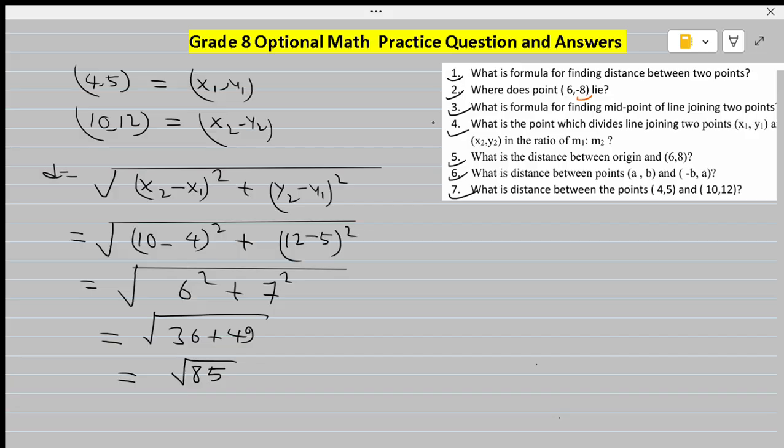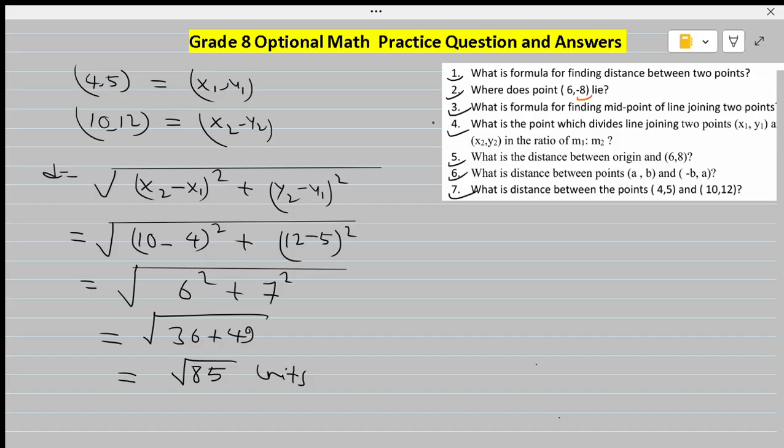And 85 is not a perfect square, and its factors don't consist of any perfect square, so we won't do further. So that much is the required units for the distance between these two given points, (4, 5) and (10, 12).